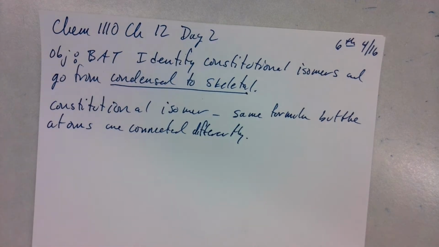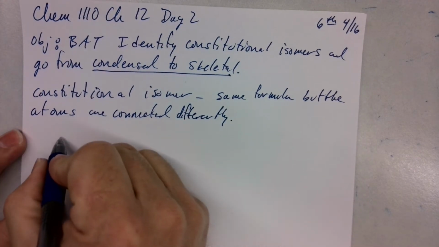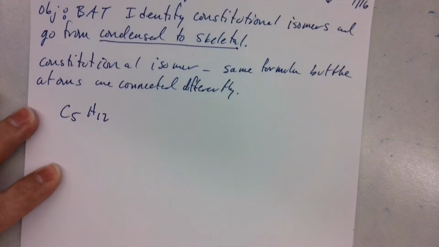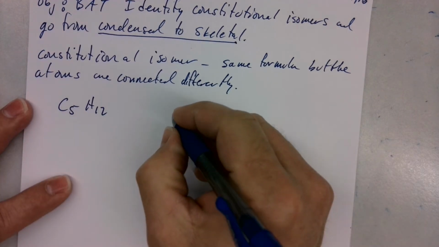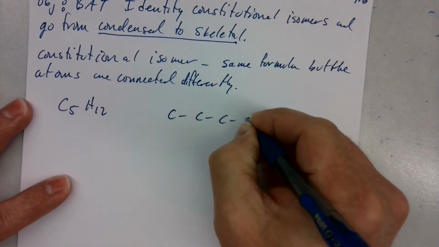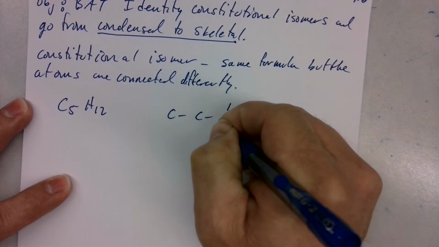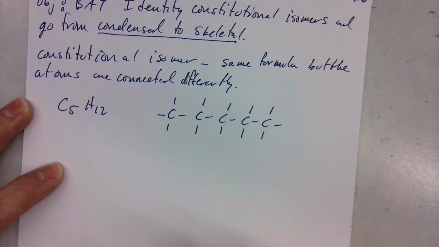Okay, and what that means is something like this. Let's say I gave you C5H12. I could draw it as this. And we're not drawing all those H's in anymore.